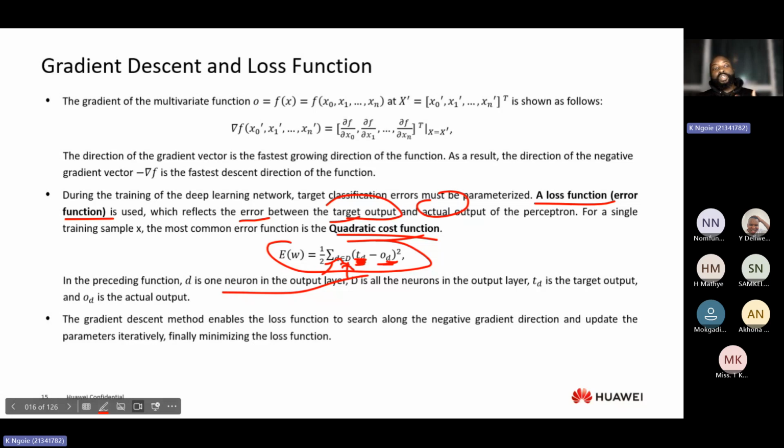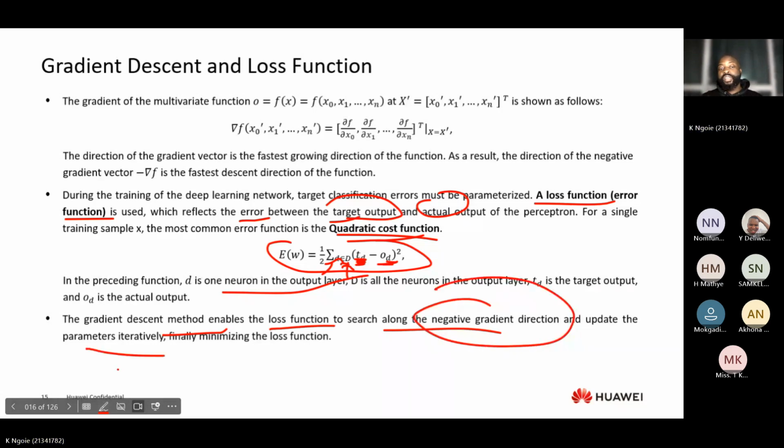Okay, so the gradient descent method. Remember when we did machine learning, we learned that gradient descent is one of the methods used to reduce the loss, by searching along the negative gradient direction and updating parameters to minimize the loss. So that's the gradient descent.